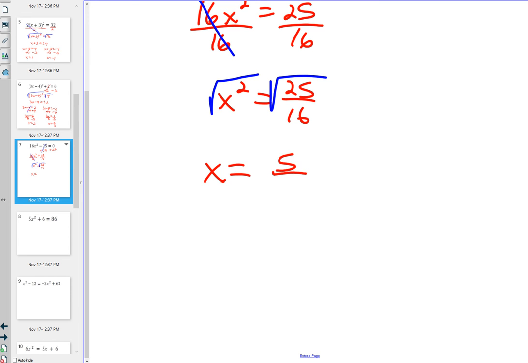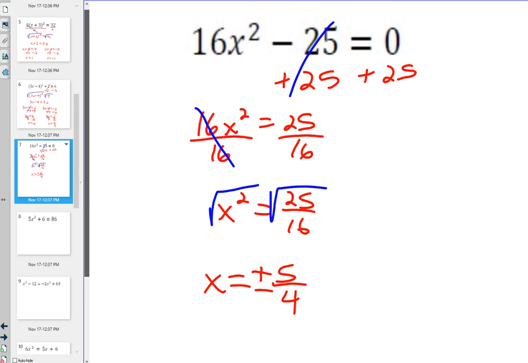You did the hard part for Cassandra, but what did Cassandra forget? 5 times 5 is 25. 4 times 4 is 16. According to Jerry.